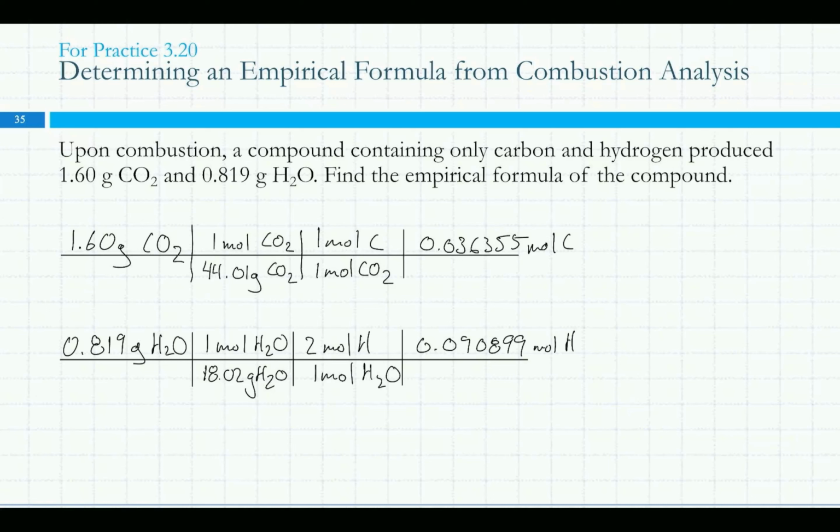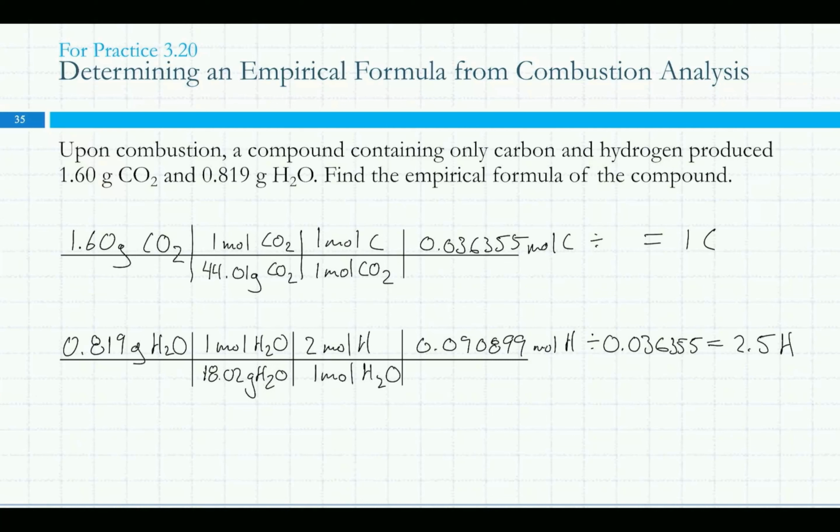So what's my smaller number of moles? Carbon. So if I divide both of these by 0.036, this one is going to be 1.36355. This one is 2.5. Again, can't have a fraction here.